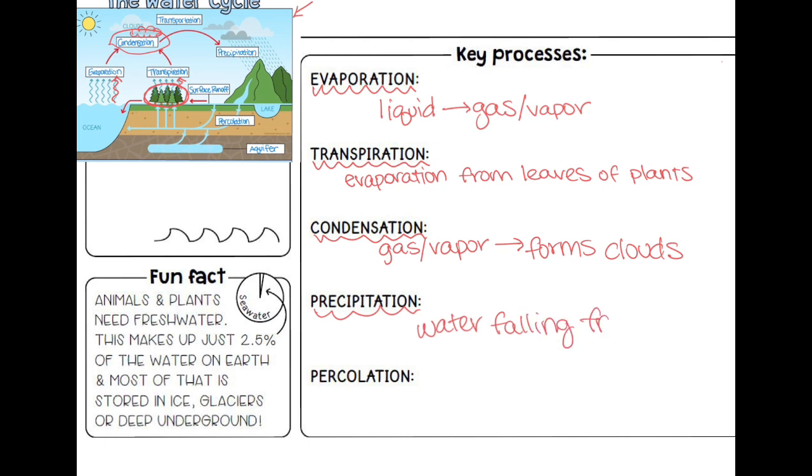Falling from the sky. Okay, so this can be in liquid form, and that is rain, or it could be in solid form, and that could be hail or snow.